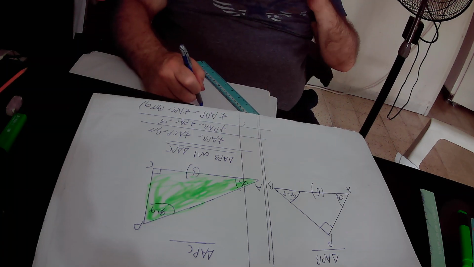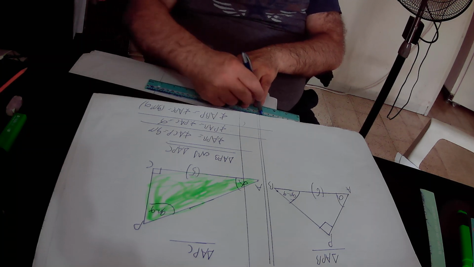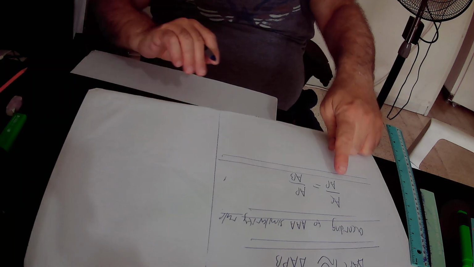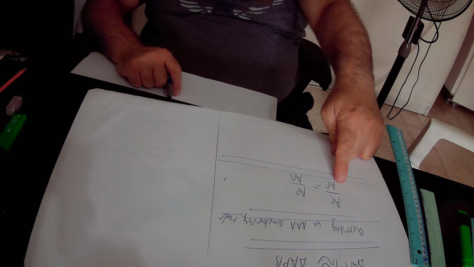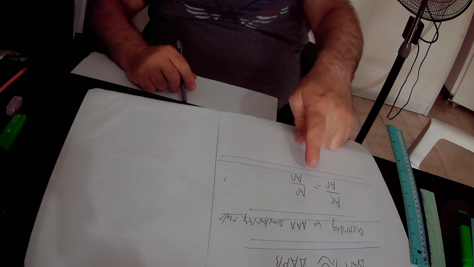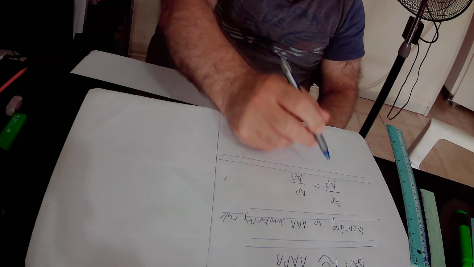I'll repeat again. We derive that side AC in the green triangle over side AP in the white triangle equals side AP in the green triangle over side AB in the white triangle.